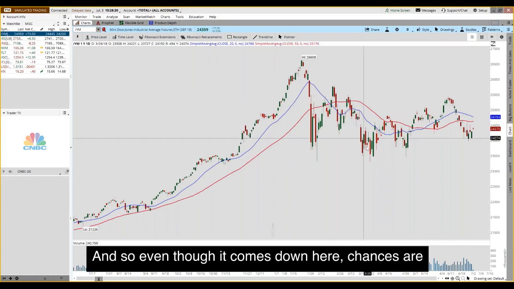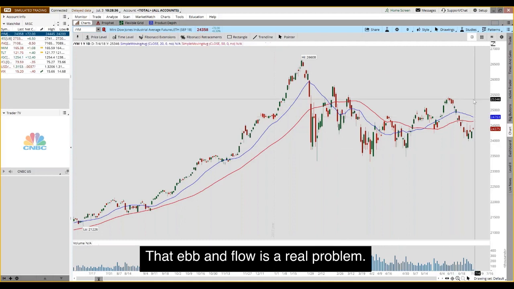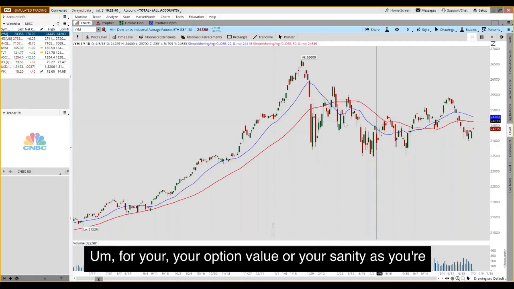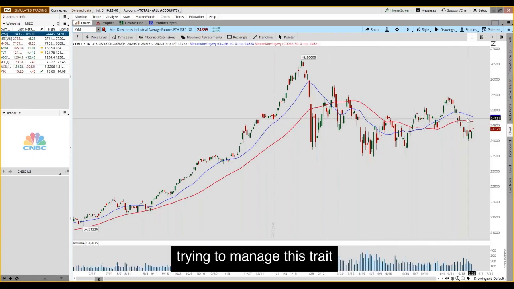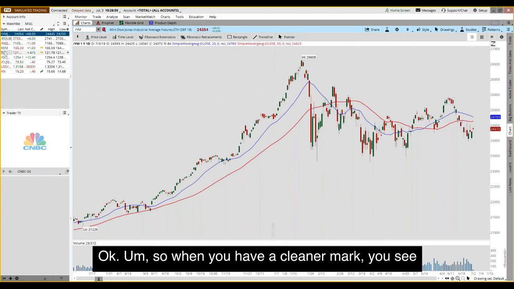And so even though it comes down here, chances are you're at break even at best, right? That ebb and flow is a real problem for your option value or your sanity as you're trying to manage this trade compared to something like this.